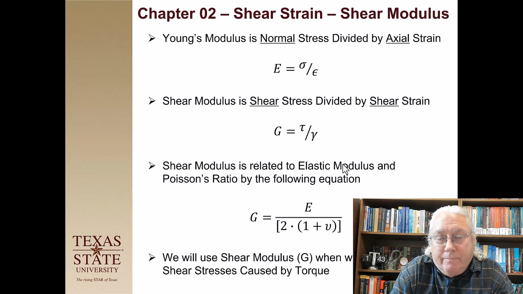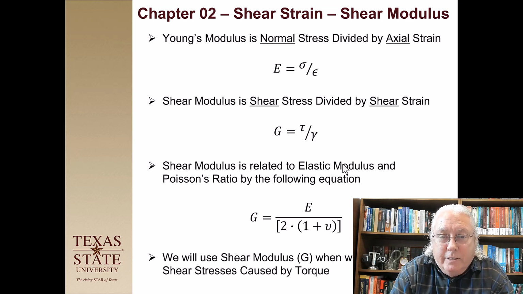An interesting combination of parameters now. We know about Young's modulus, or elastic modulus, which is E. E, Young's modulus, is defined as the normal stress divided by the normal strain, sigma over epsilon. There's another material property that is shear modulus.